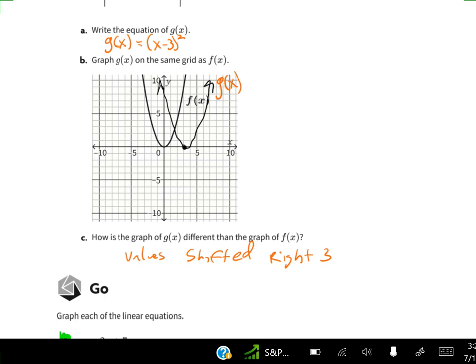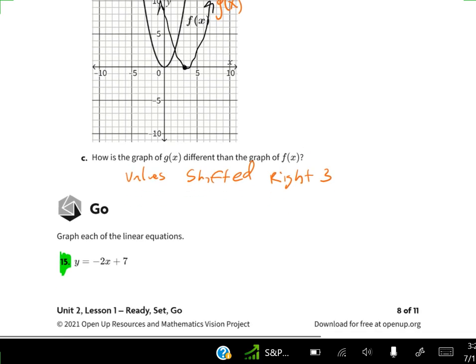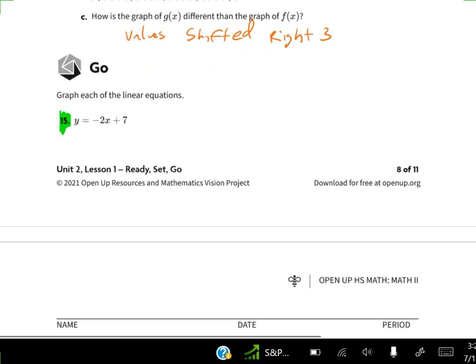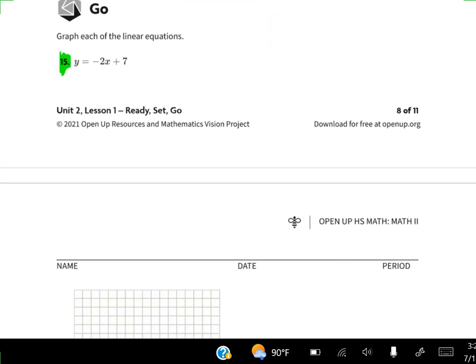We're going to be moving on to the final section of this first homework assignment. These are the Go problems. Here we're going to have to graph lines, which is a little bit different because we were working with parabolas for the first part of this. Number 15 is a line in slope-intercept form. So you may be familiar with seeing this in the format of y equals mx plus b.